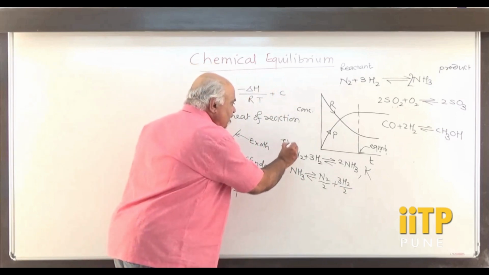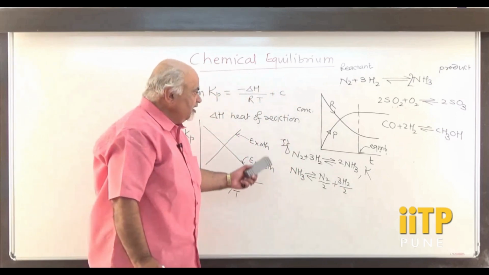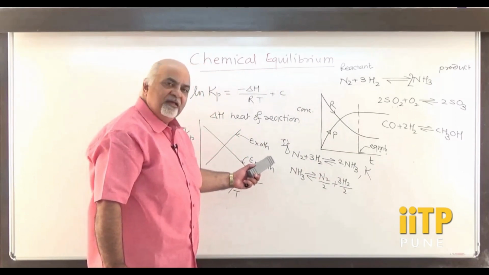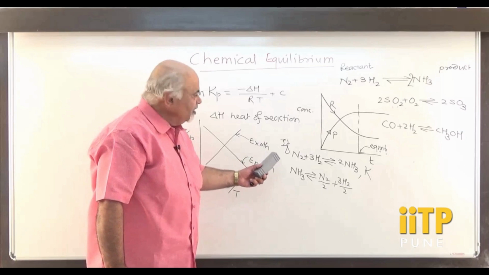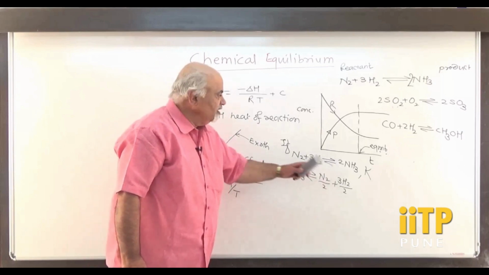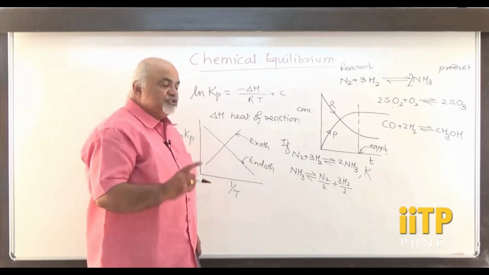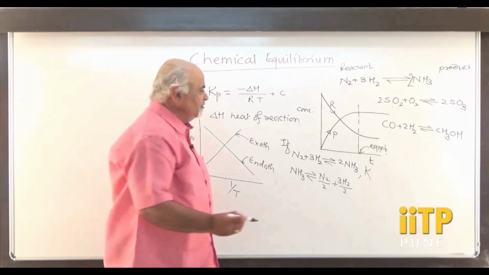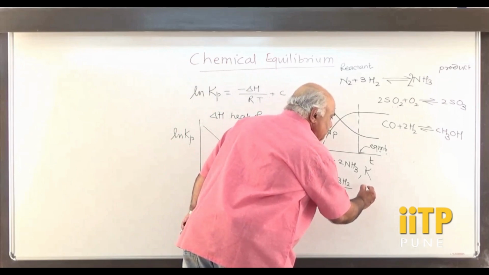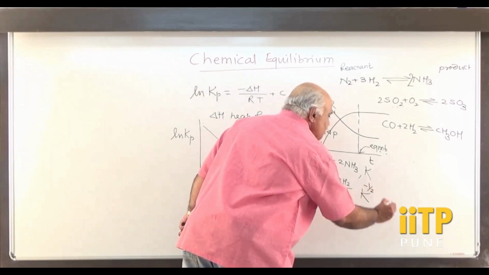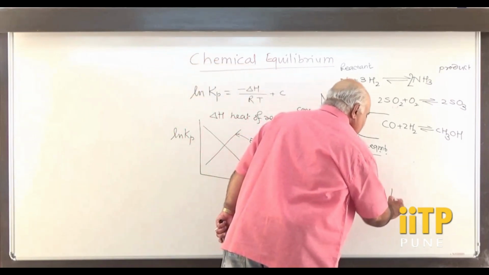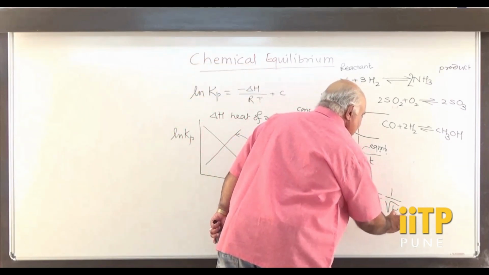If this reaction has equilibrium constant K, we can multiply the entire reaction by minus half. When you multiply here minus half and minus half, the sign changes. So whatever is the multiplying factor, that should be the power for equilibrium constant, and that's why for such a reaction equilibrium constant is 1 upon square root of K.